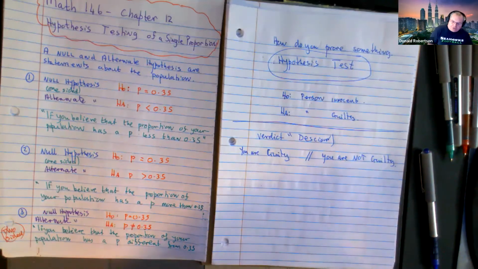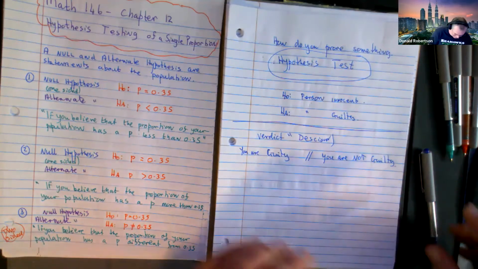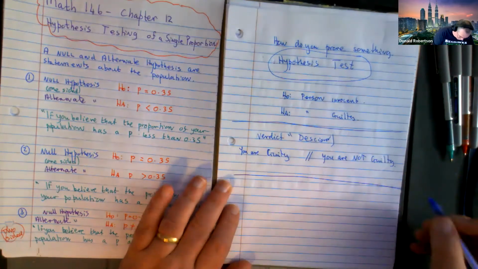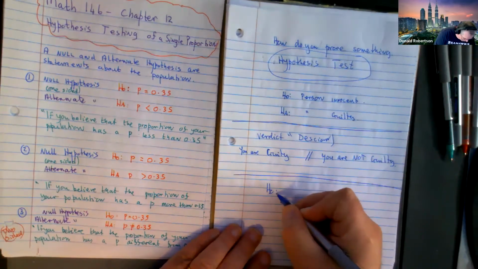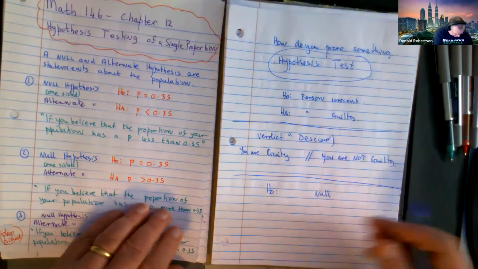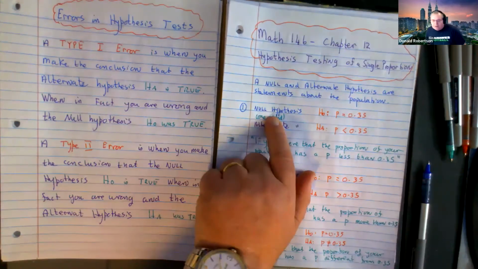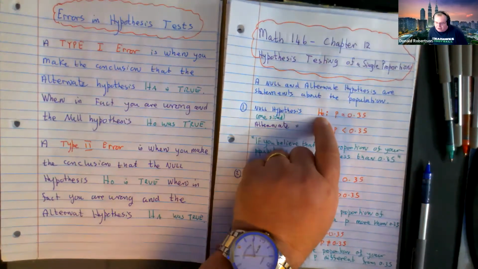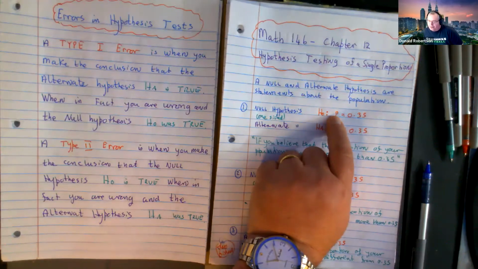So we're going to deal with two hypotheses, two theories. One is called H naught, and that's called the null hypothesis. And actually, let me use my notes now. The null hypothesis is always to do with the proportion, right?